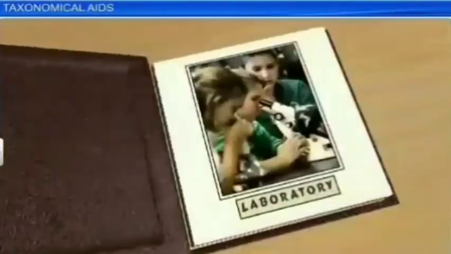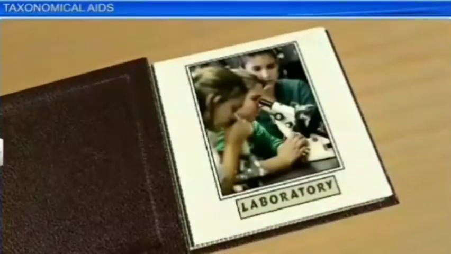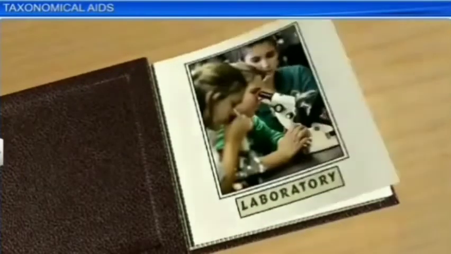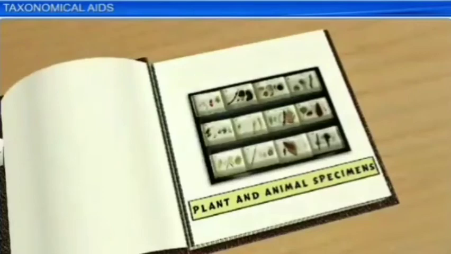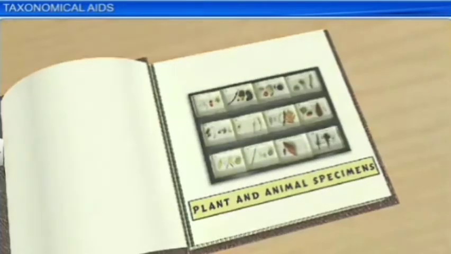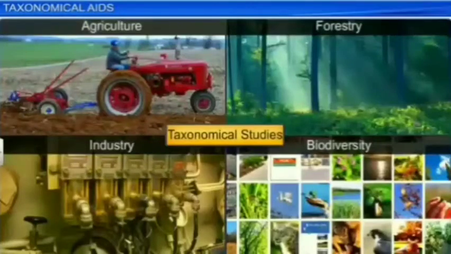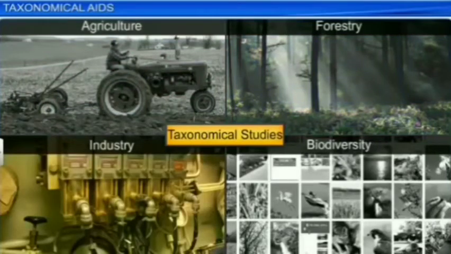Taxonomic studies require careful identification of the organisms, for which intensive laboratory and field studies are carried out, and actual specimens of plant and animal species are collected. These studies help in disciplines such as agriculture, forestry, industry, and in knowing the biodiversity.